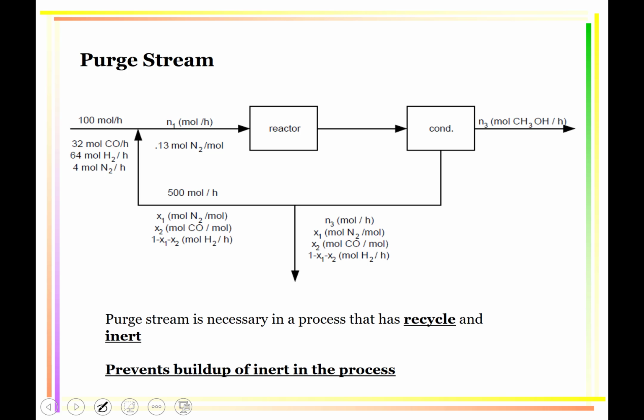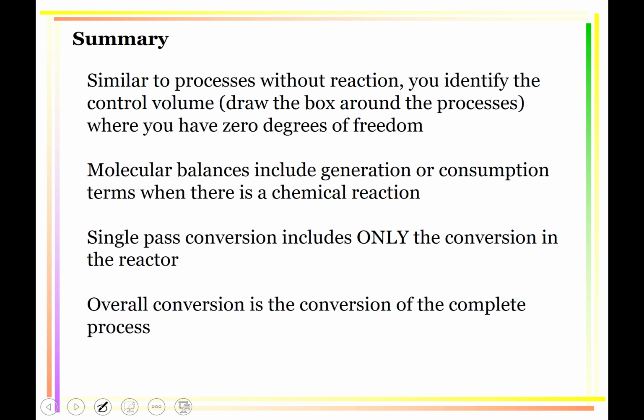Now, if we have a case where there's a purge stream, the purge stream is necessary when we have an inert, because what happens is that the inert is going to simply go around and around and build up in the system. So to summarize this, we treat these similar to processes without reaction.